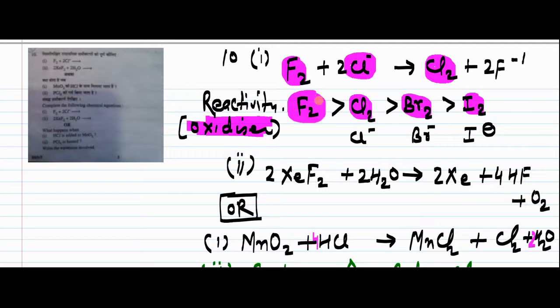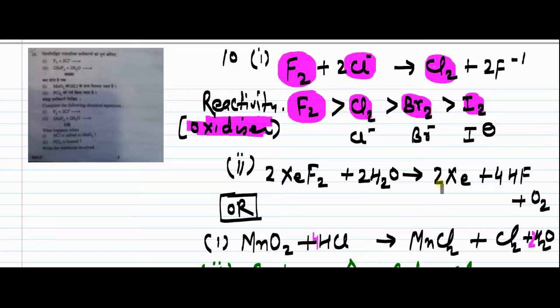It means fluorine reacts with Cl minus or Br minus or I minus, resulting in F minus. Fluorine acts as the strongest oxidizing agent.